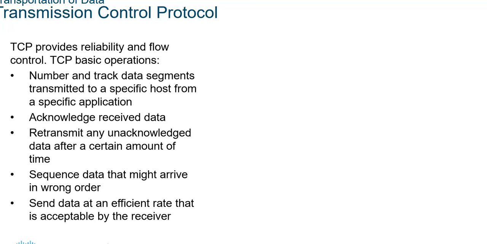TCP, Transmission Control Protocol, provides accurate, reliable transmission of data. It ensures a connection before data is sent, keeps track of the correct order, as well as the receipt of the segments.